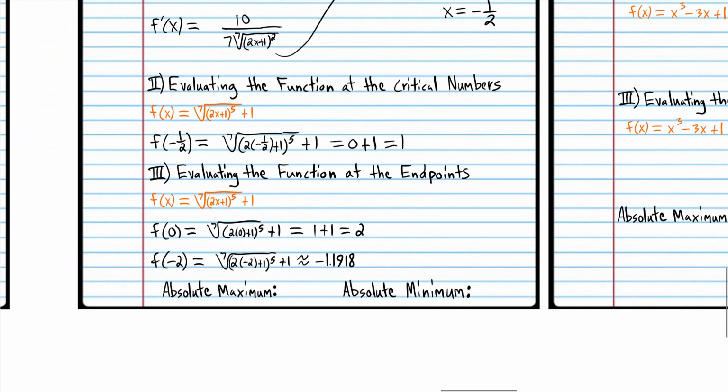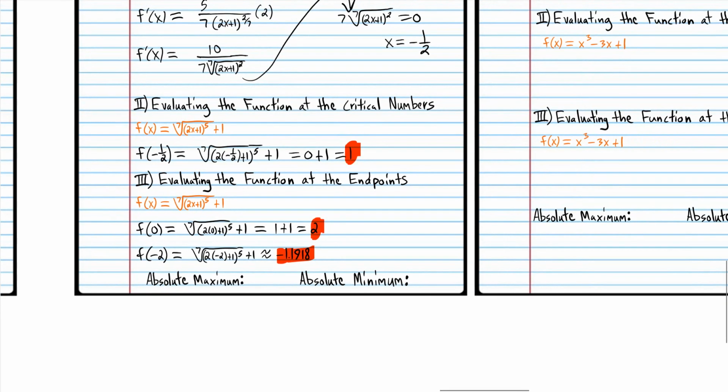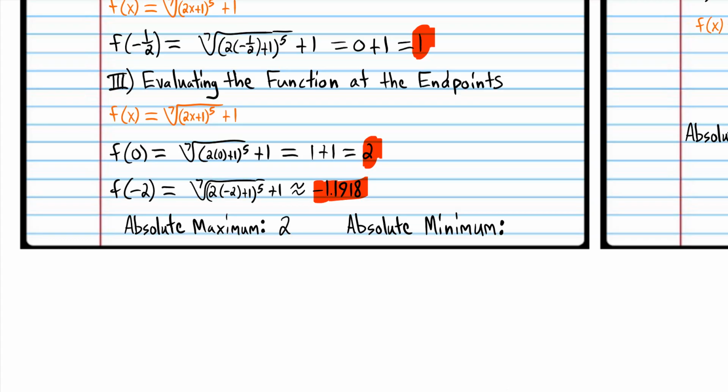Okay, so these are the y values at the endpoints, and this is the y value at the critical number. And so the absolute maximum is 2, and the absolute minimum is -1.1918.